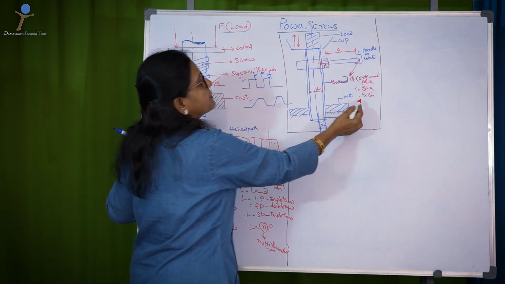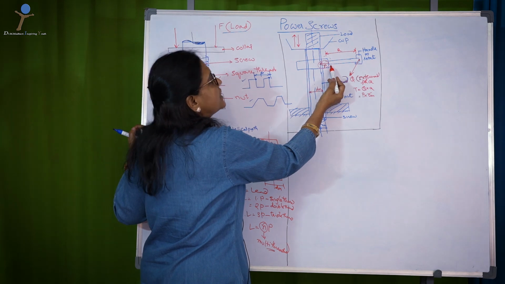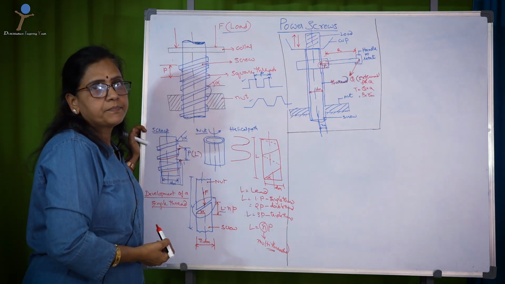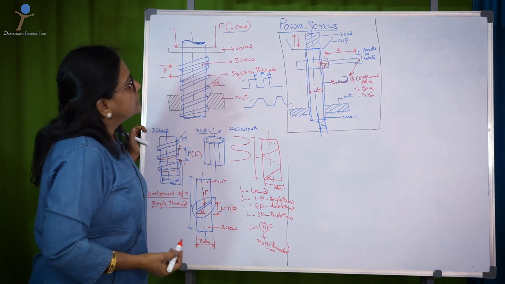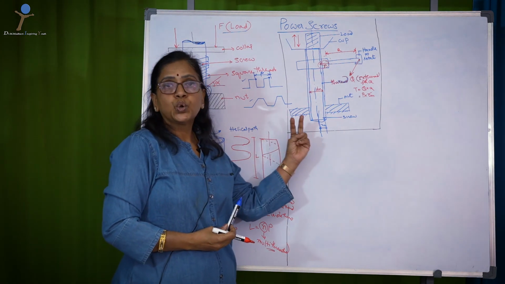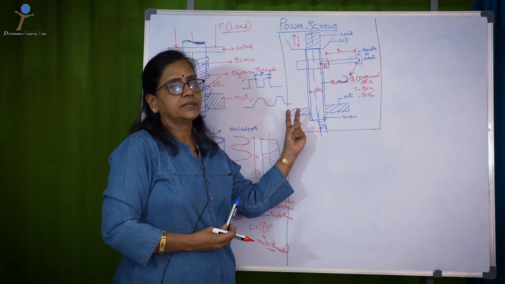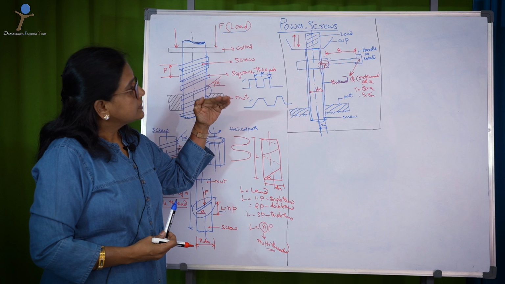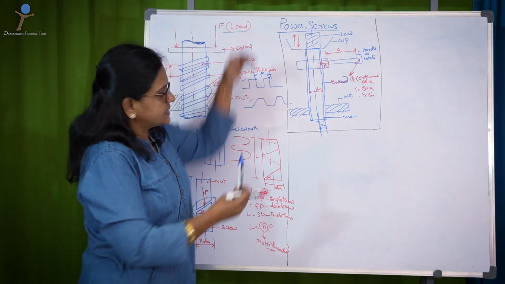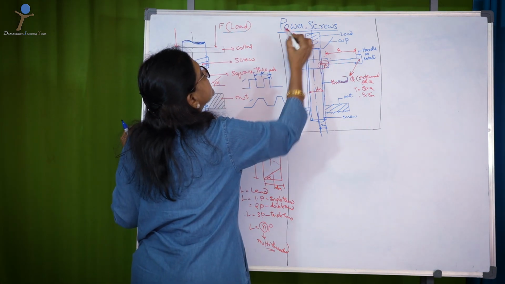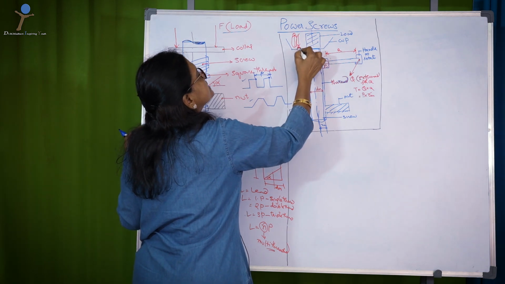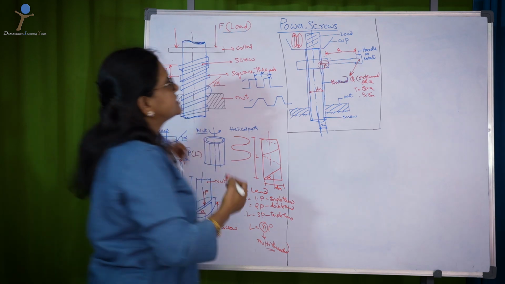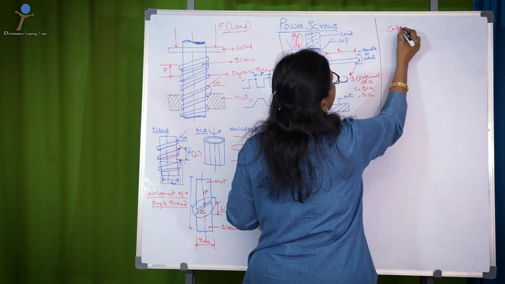So, P is nothing but a reaction exerted on the screw at a radius Rm. Right? Now, basically there are two phenomena that are happening in this screw jack. One is the load is rising up. The next one is the load is sliding down.